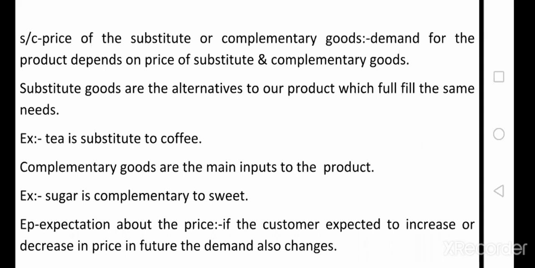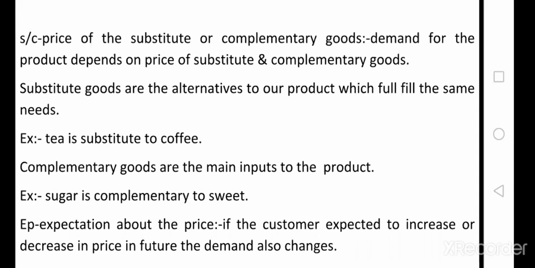At the same time, take cool drinks and ice creams. In the summer season, if you want any cool item, you give preference to ice cream or a cool drink. If the ice cream price is high, you give preference to a cool drink. If the cool drink price increases, you give preference to ice cream.